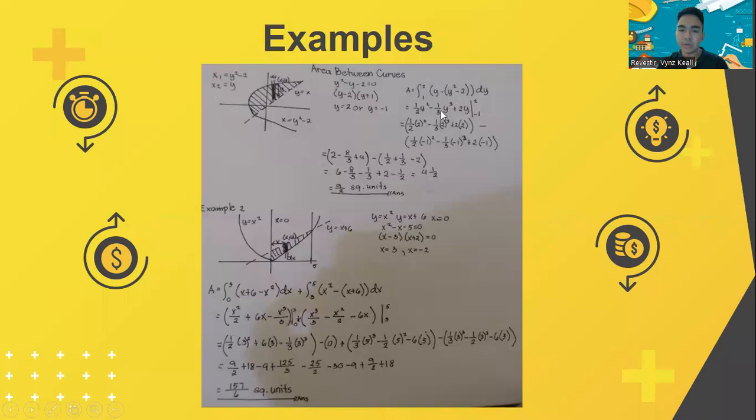The integral of y squared is negative 1/3 y cubed, and the integral of negative 2 is 2y. It became positive because we distribute the negative sign. So the limits are from negative 1 to 2.